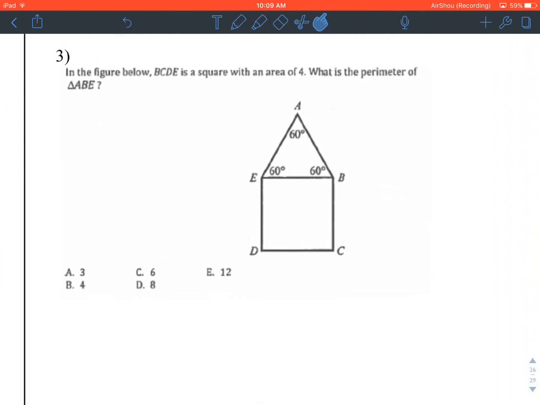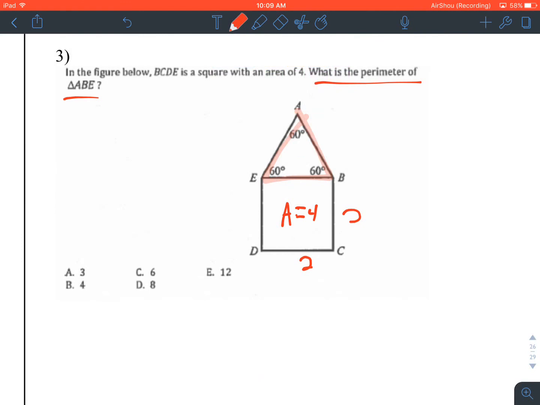All right, in the figure below, BCDE is a square, and it has an area of 4. Well, if the area of this is 4, that means each of these sides has to be 2, because 2 times 2 is 4. What is the perimeter of triangle ABE? That's this triangle here.